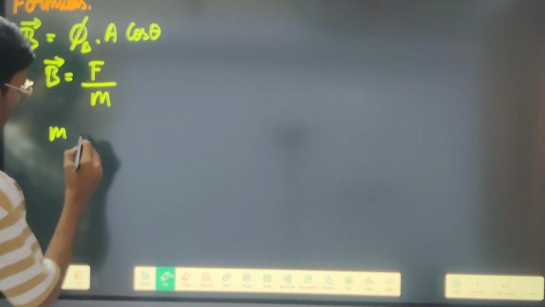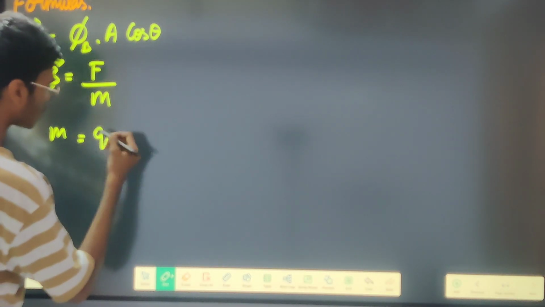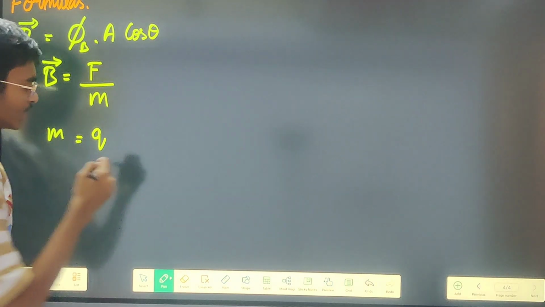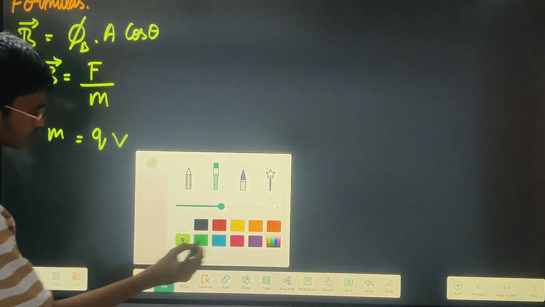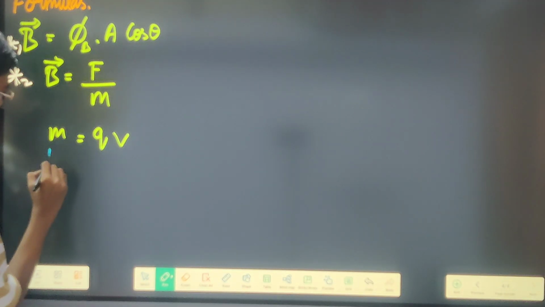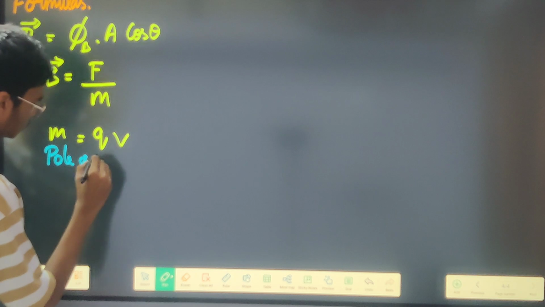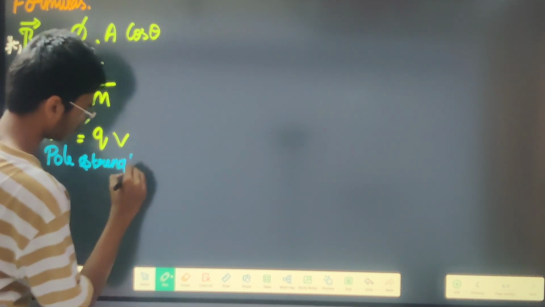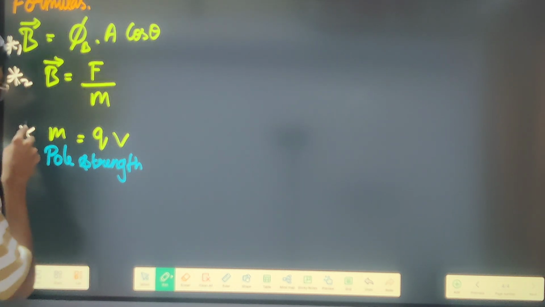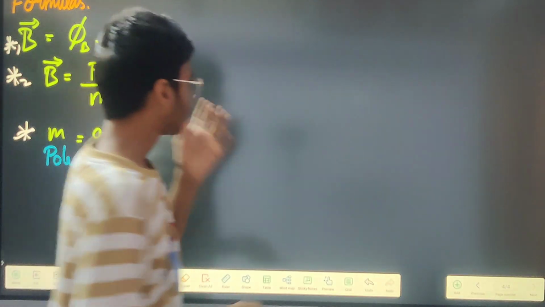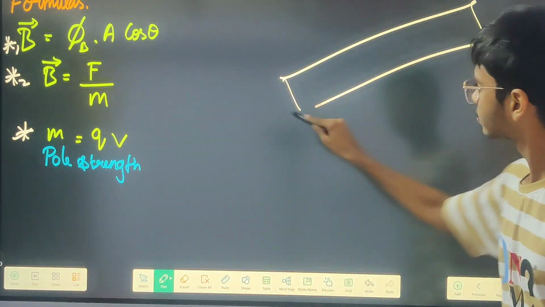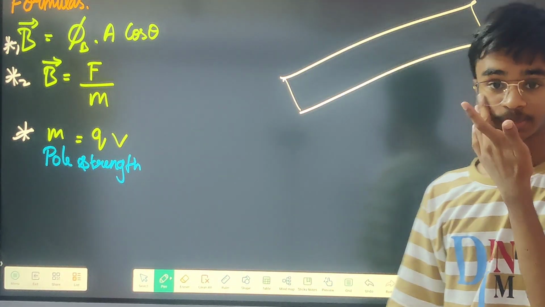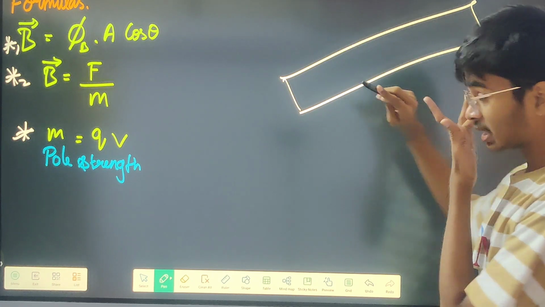Small m is actually pole strength, which is equal to the charge of that particular body. Wait, I will explain. See, for an example, if this is a magnet, or a conductor, let us keep that this is a conductor.